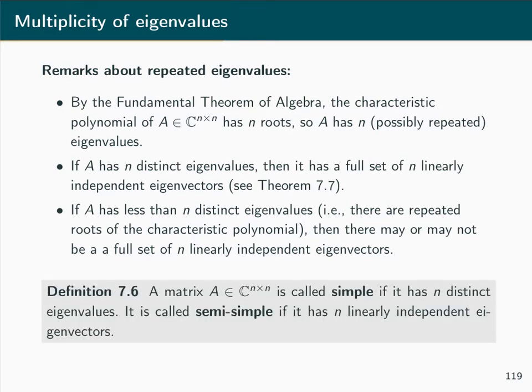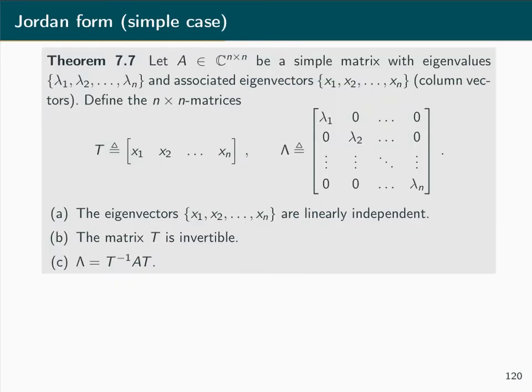Based on these remarks, we make the following definition 7.6. An n by n matrix A is called simple if it happens to have n distinct eigenvalues, and it is called semi-simple if it may have repeated eigenvalues, but it still has n linearly independent eigenvectors. In the next theorem, 7.7, we establish the famous Jordan form, which probably most of you have seen before, and it states the following.